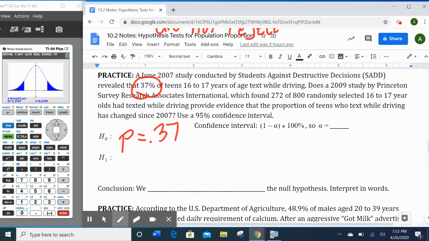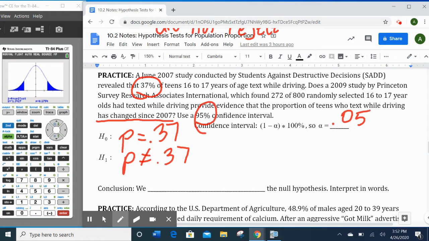And then they say that they just want to see if the proportion of teens who text while driving has changed. They don't say that it's changed in one direction or the other. They just say has changed. So it does not equal 0.37. And then this 95% confidence interval is another way of saying that alpha is 0.05.